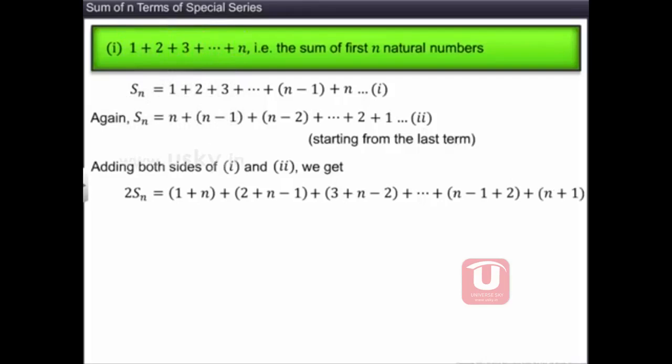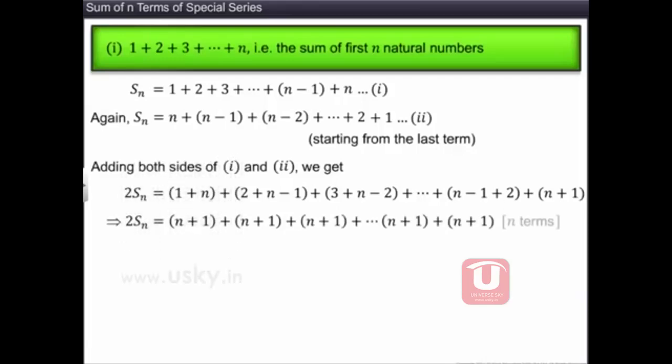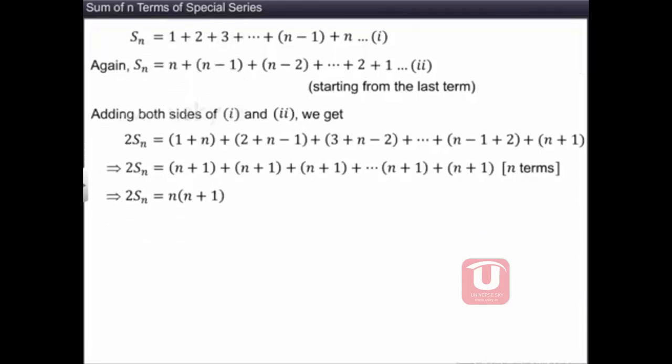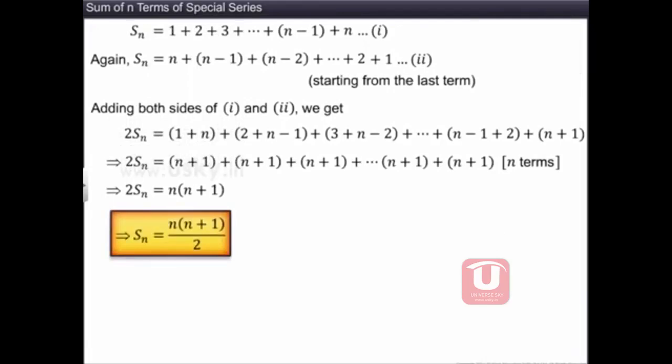This implies 2 times Sn is equal to n plus 1, plus n plus 1, and so on n times, or 2 times Sn is equal to n into n plus 1. This implies Sn is equal to n into n plus 1 whole divided by 2.